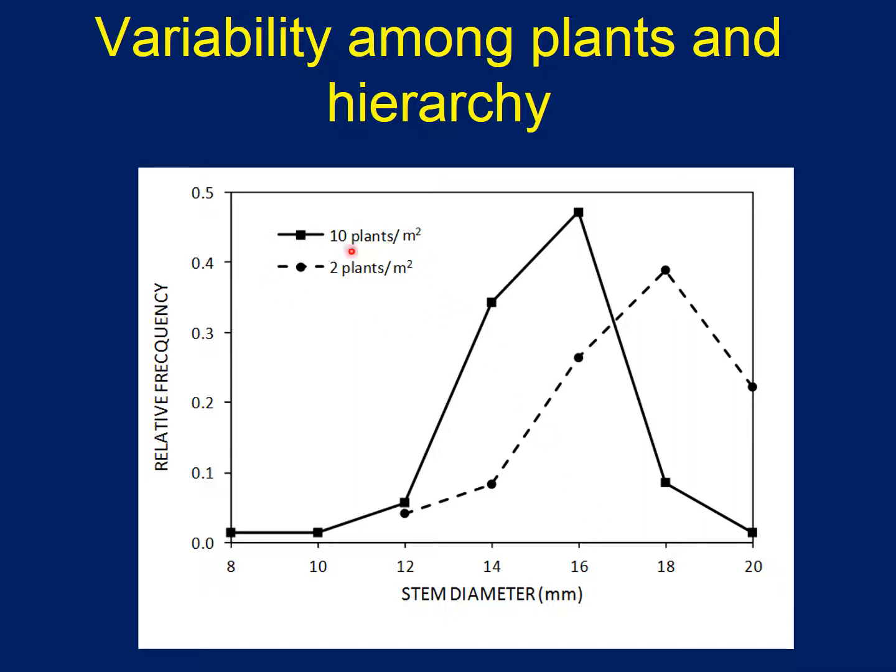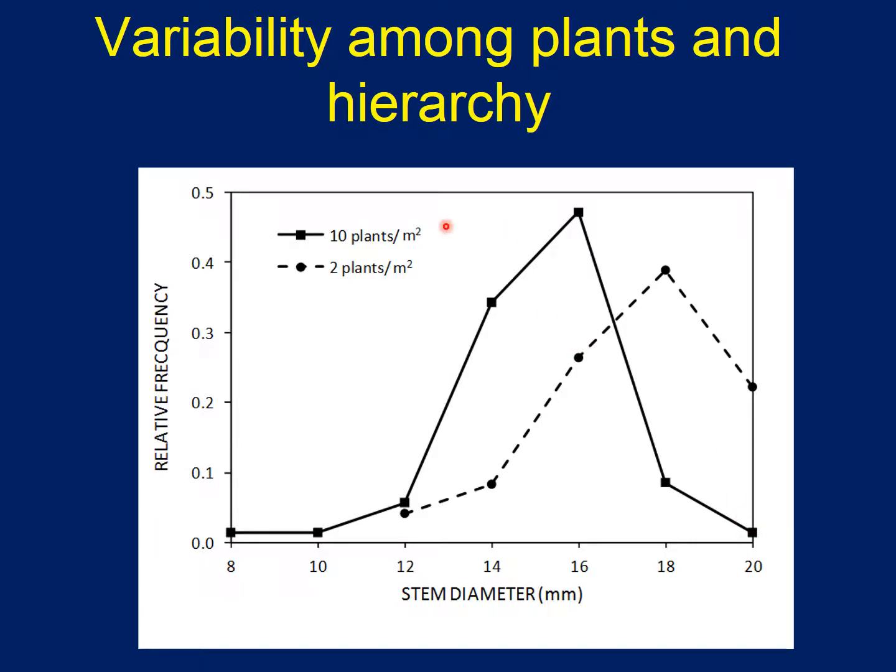We plot also the distribution for 2 plants per square meter. So this would be a rather high density, and this would be a low density. We see that for each density we have a large variability in the values of stem diameter.